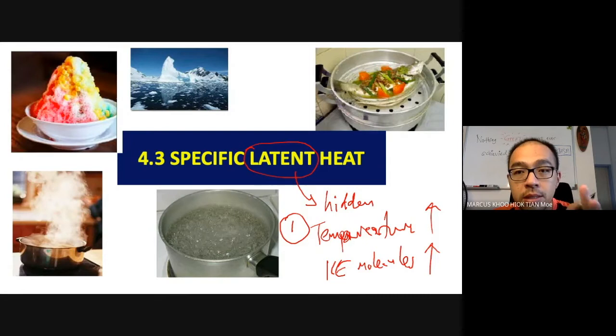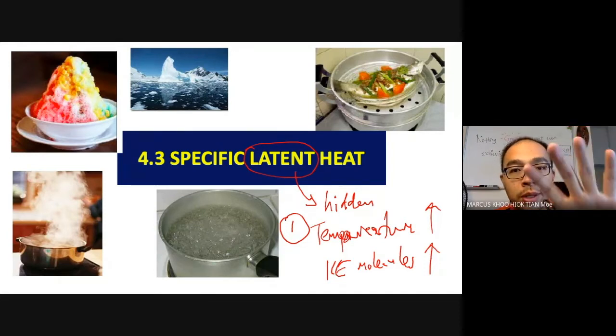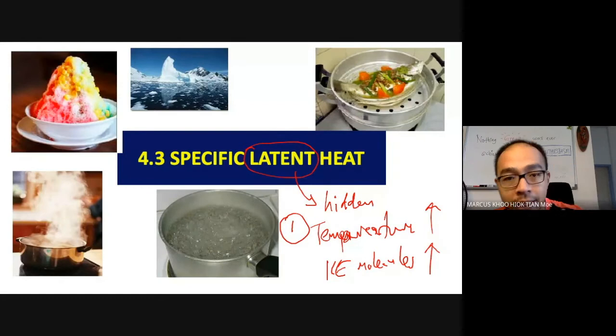Because in the previous subtopic, specific heat capacity, when we provide the heat, we are actually making the molecules move faster, and that's why the temperature increases. That is the previous subtopic, because it involves either an increase or decrease in temperature. When we take away the heat, the kinetic energy of the molecules becomes lower.